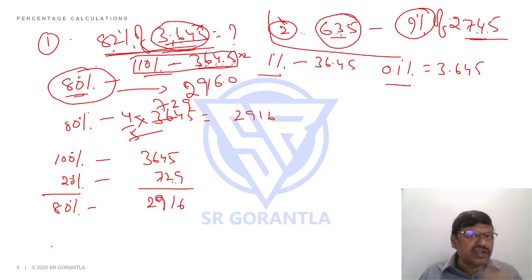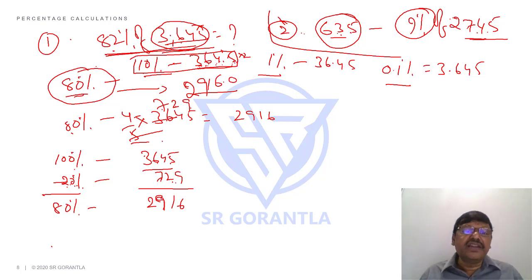See how I've told you 3 different ways. Calculate 10% and multiply with 8 to get 80%. 80% is nothing but 4 by 5. Calculate this, or calculate 20% and then subtract it. When I subtract 20% from a number, the entire number is equal to 100%. So when I subtract 20%, I get 80%. Right?